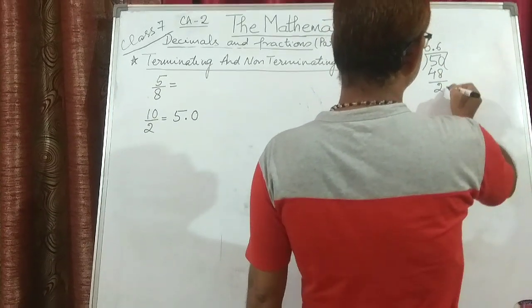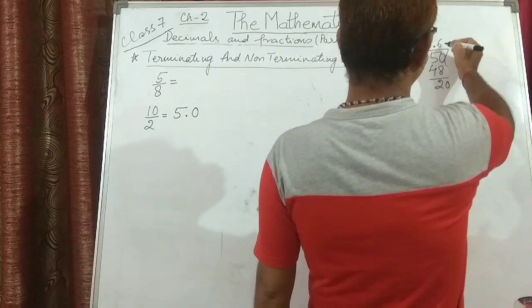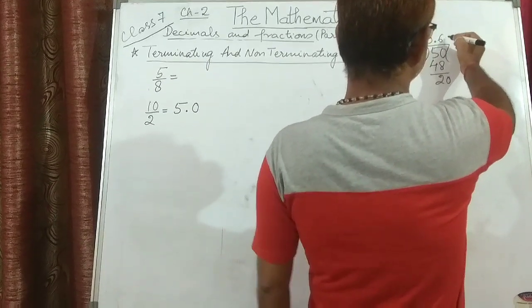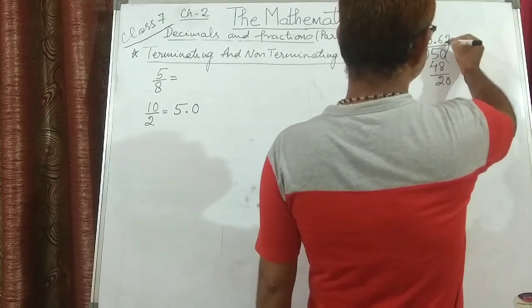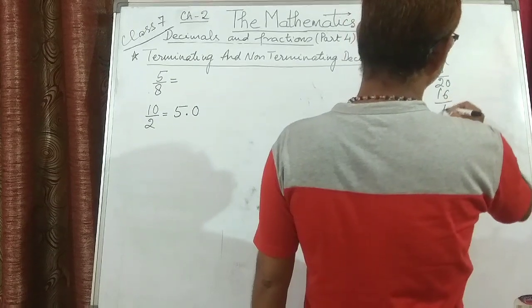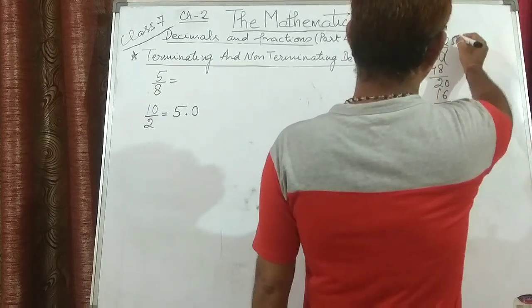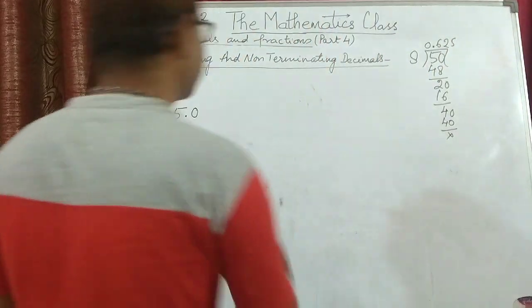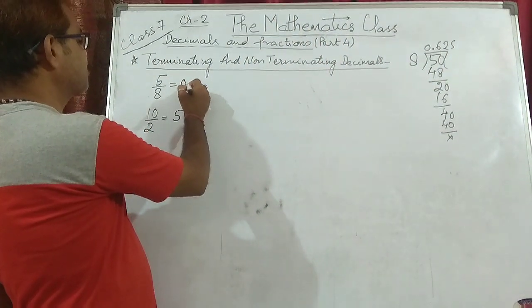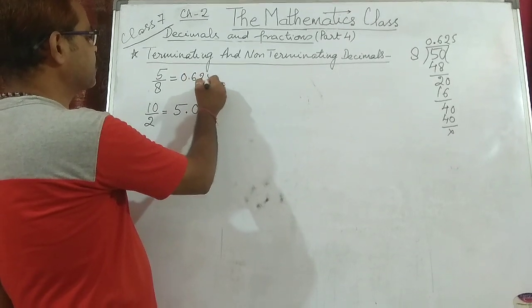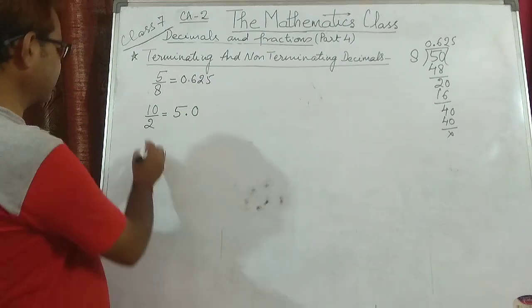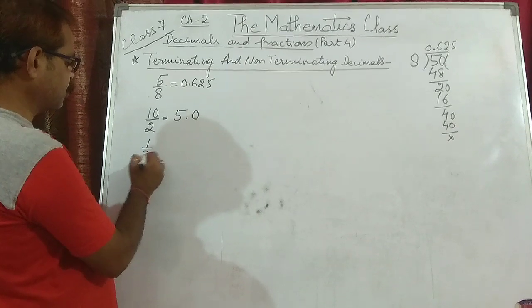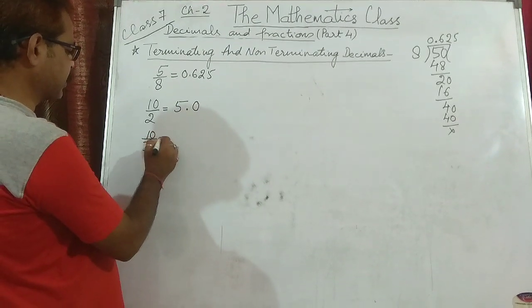Now again put a 0. 2 8 is 16. Then 4 and 0, 5 is 40. It means 5 upon 8 can be written as 0.625.